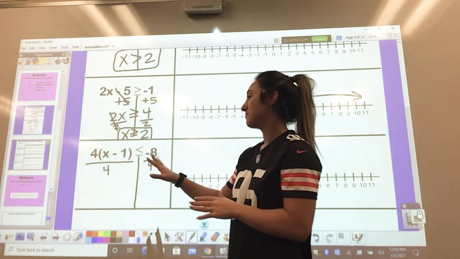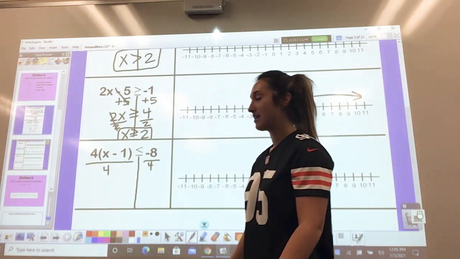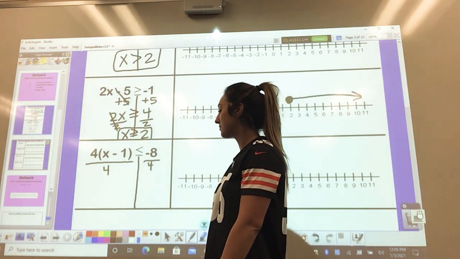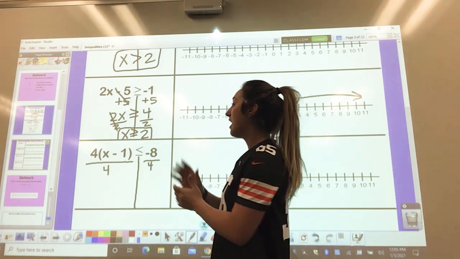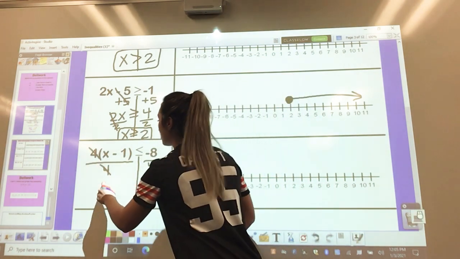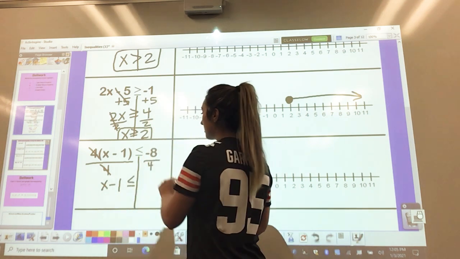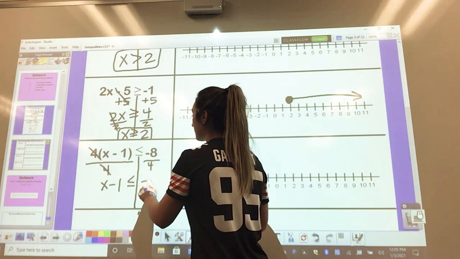I think this was the unpopular method, so I just wanted to go the path less traveled. So this times 4 and divided by 4 cancel out, leaving me with just x minus 1 is less than or equal to negative 8 divided by 4 is negative 2.